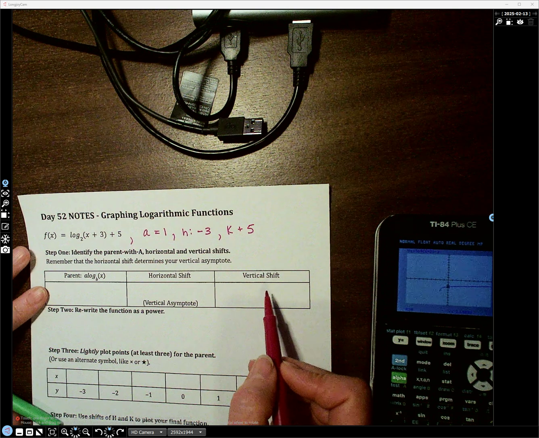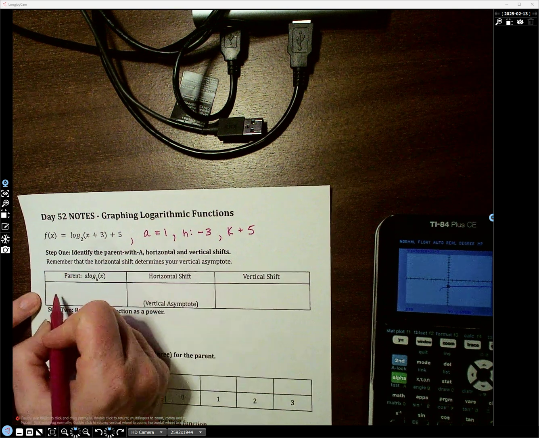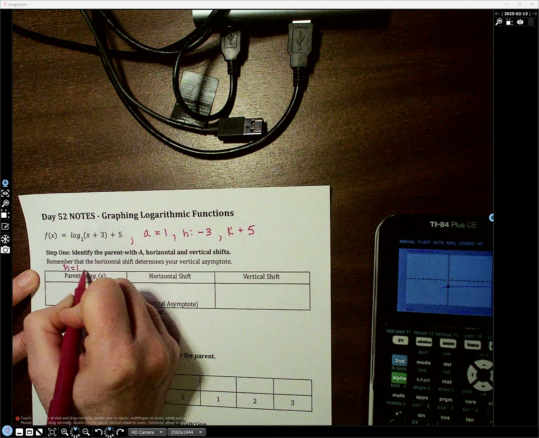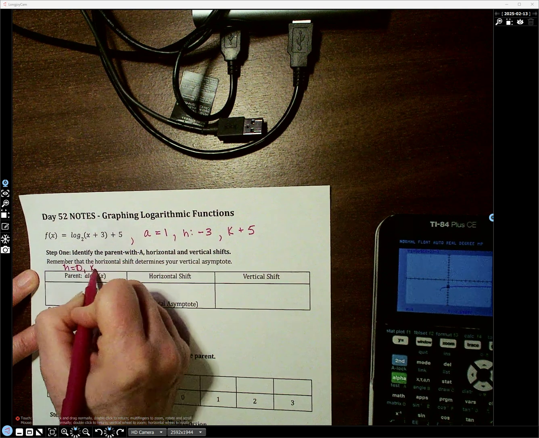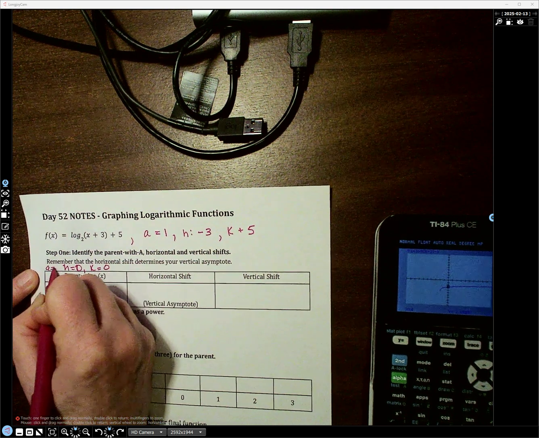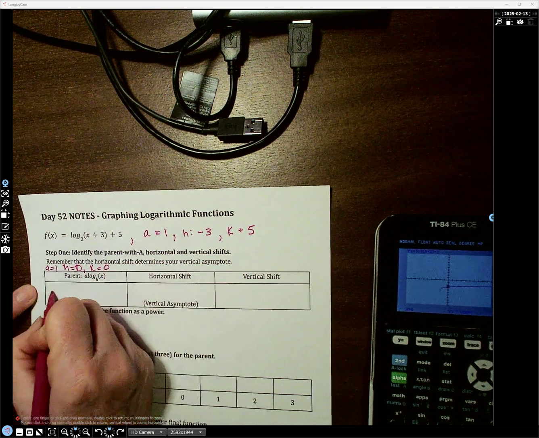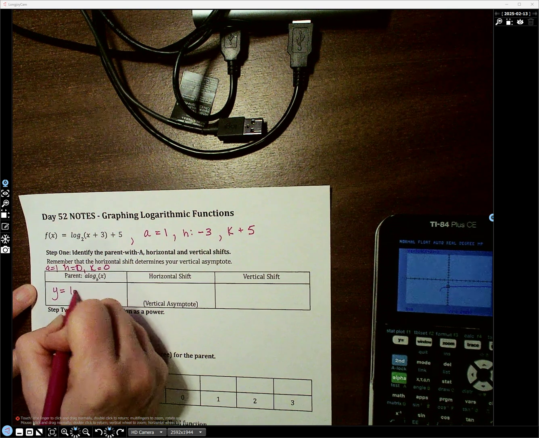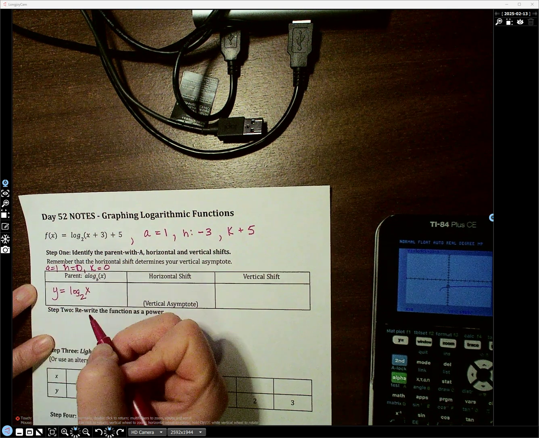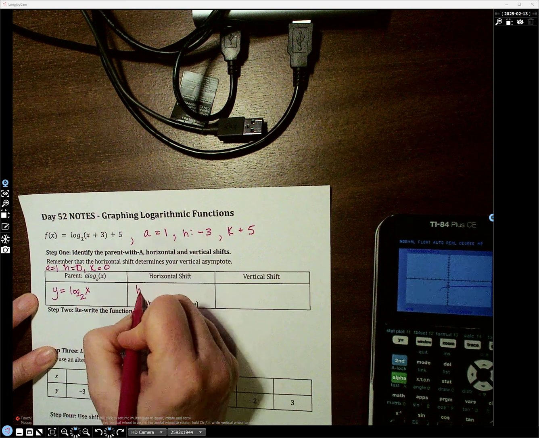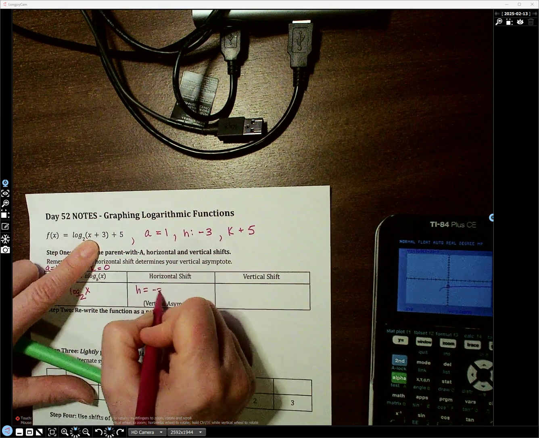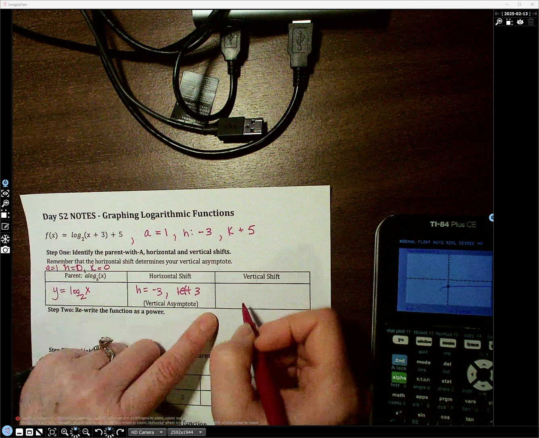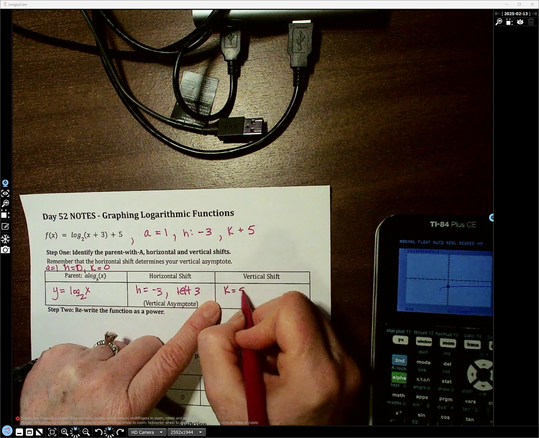The parent is, remember, h equals 0, k equals 0, a equals 1. So that's going to be y equals, a is 1, log base 2 of x. We see that h equals negative 3, so that's going to be a left 3 shift. We see that k equals 5, that's going to be an up 5 shift.